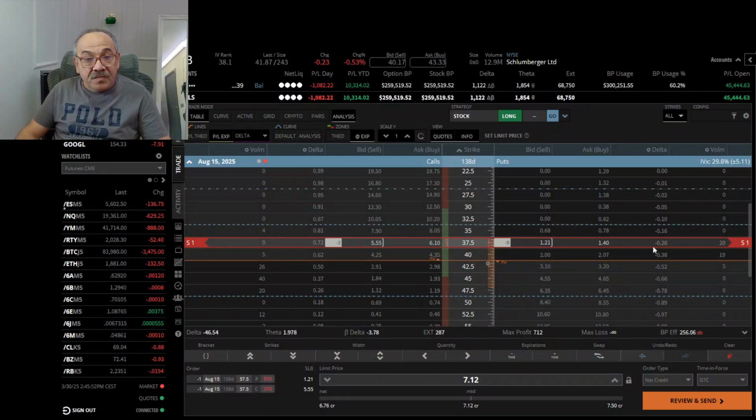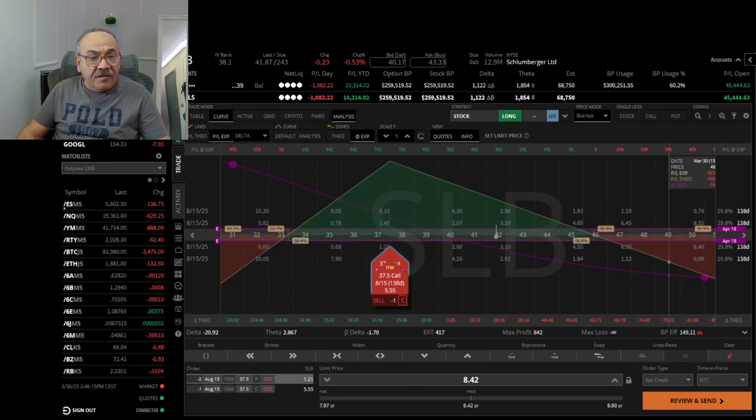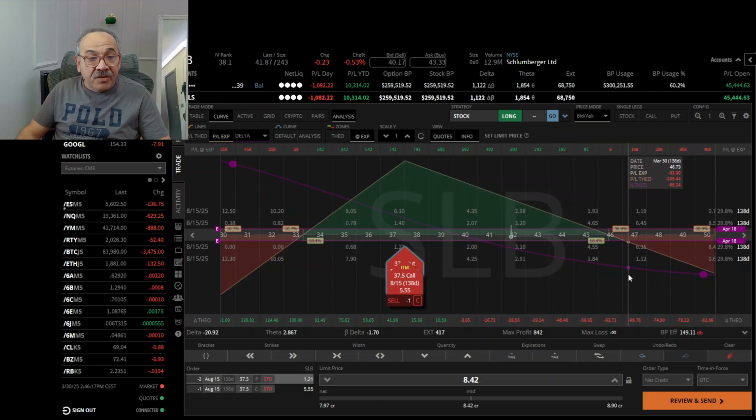So we'll do it 1 to 2 as usual. You can do 1 to 3 because it's a pretty cheap stock, so you can increase that ratio. And you see buying power is only $150, which is very little. And if we go to the curve, this is how it looks.